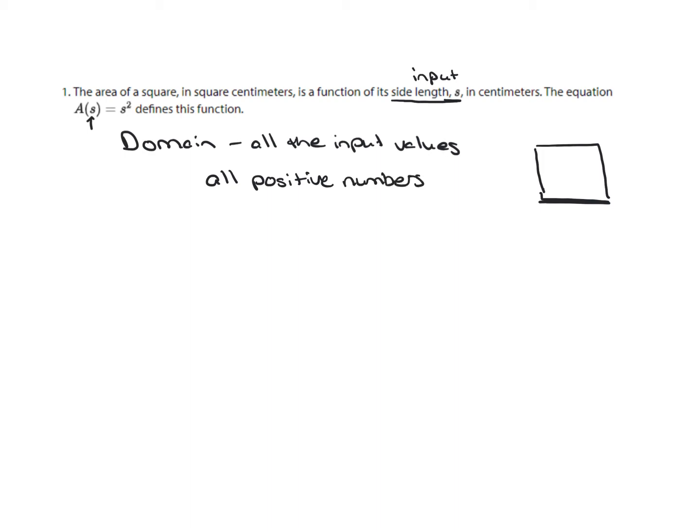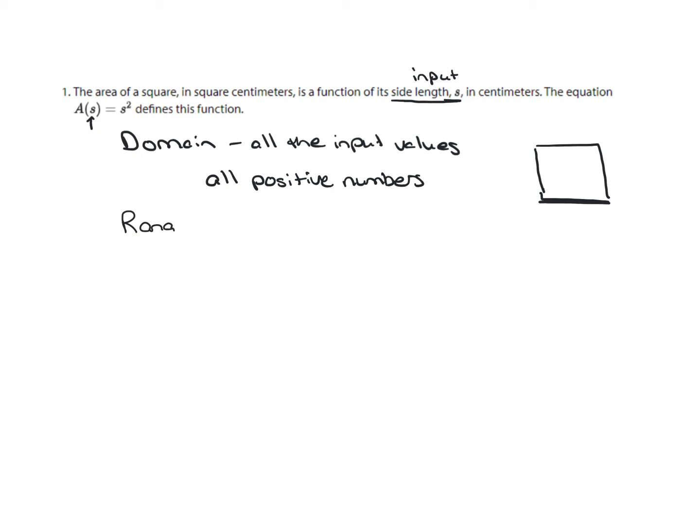Right? It just has to be positive. It really doesn't make a square if its side length is 0. It can't be negative. Okay. It can be a fraction. I could draw a line that was some kind of a fraction or a decimal length long. So those kinds of numbers work. So my domain is just all positive numbers.